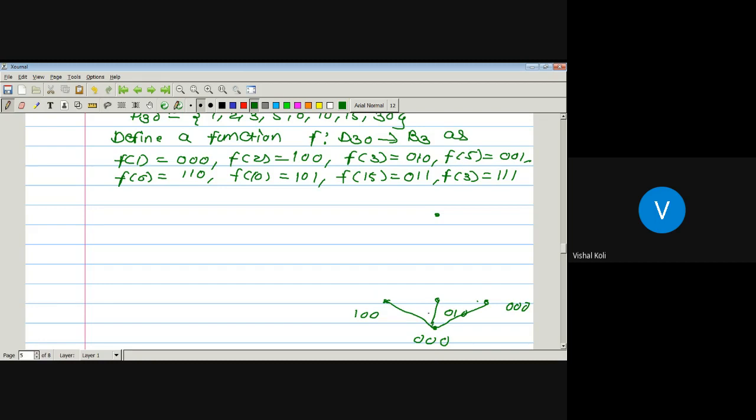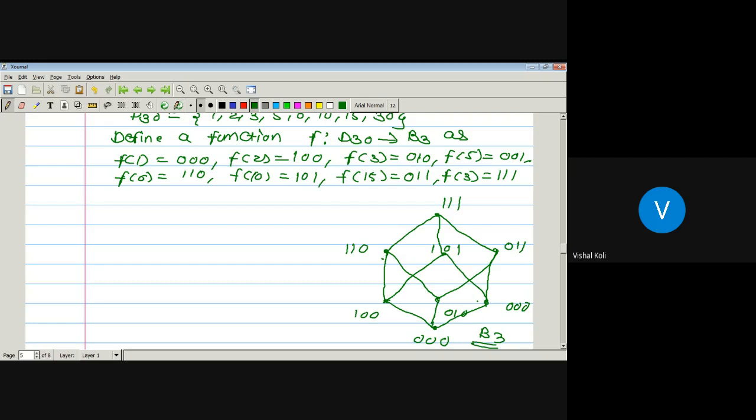The immediate successors of these two elements are 1 1 0, 1 0 1 and 0 1 1. So join these, and having the immediate successor 1 1 1. So this will be the B3.